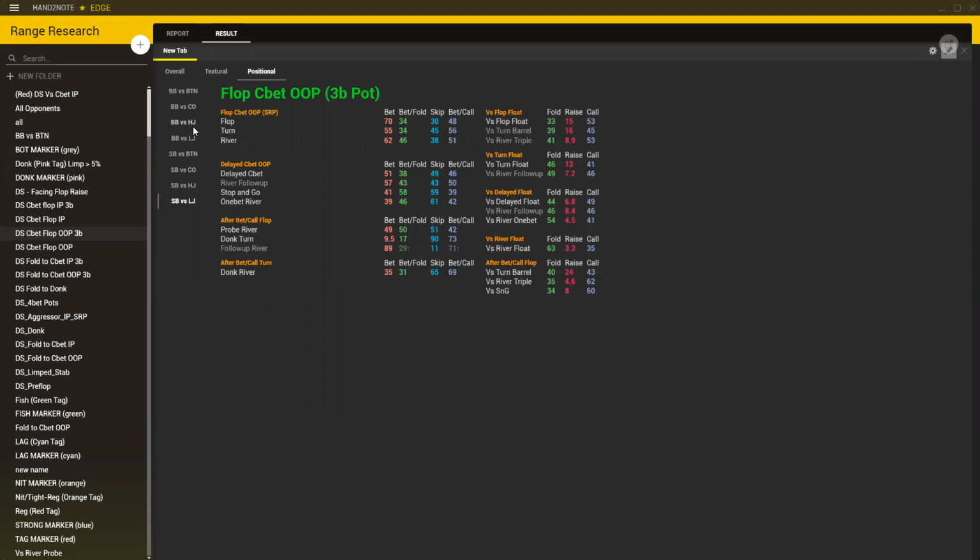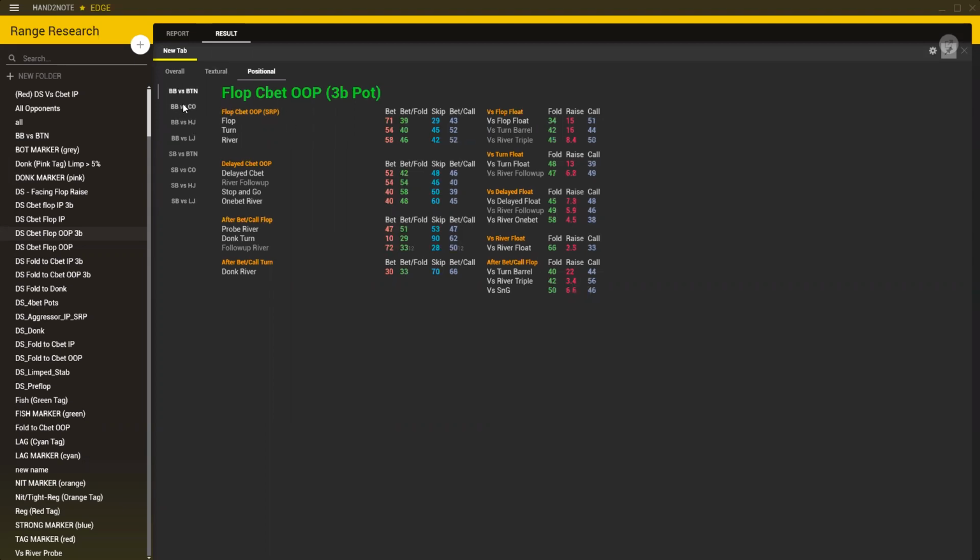Whereas small blind against button is a lot more linear when you look at it. It's kind of like pocket pairs and suited broadways and some of the good offsuit broadways, suited aces, stuff like that, right? It's much more orderly and organized. Despite that, and the pool could be doing something completely different, small blind's folding a lot more to float bets.